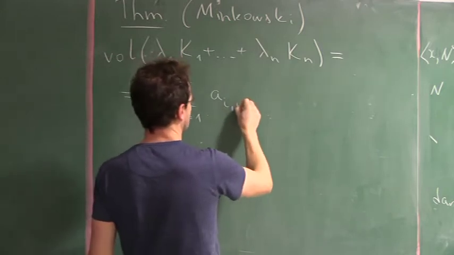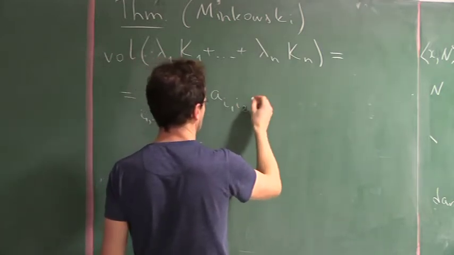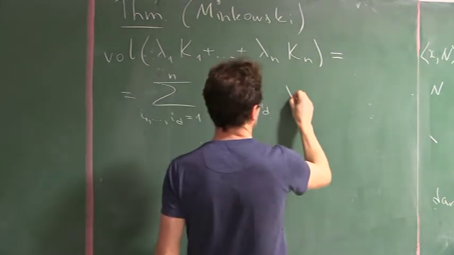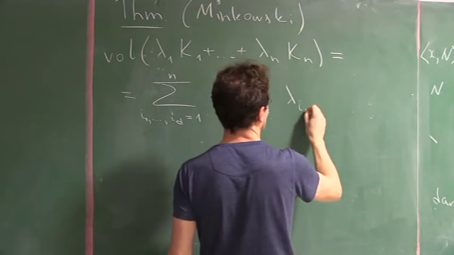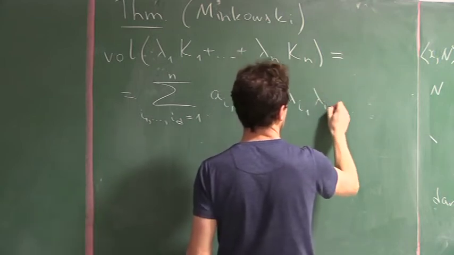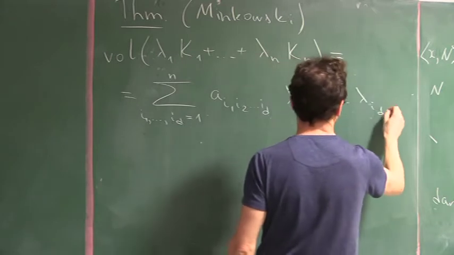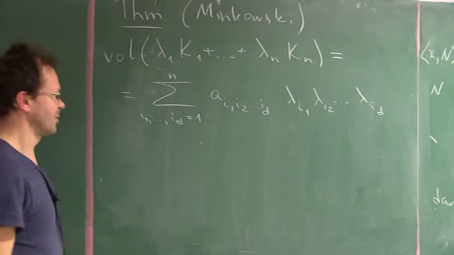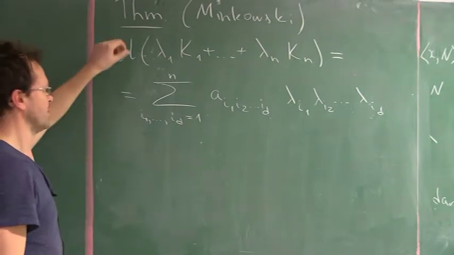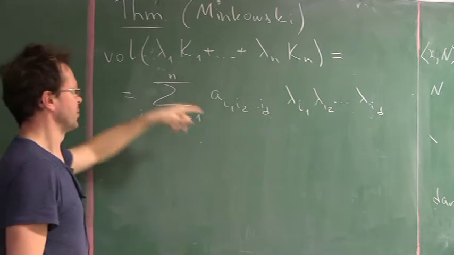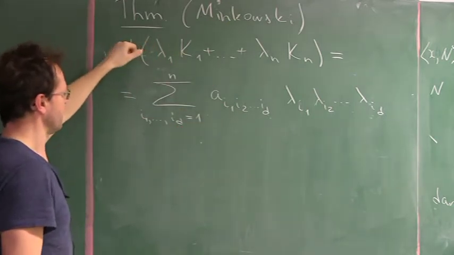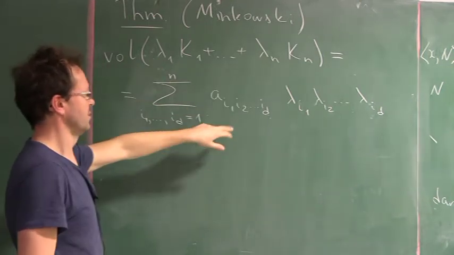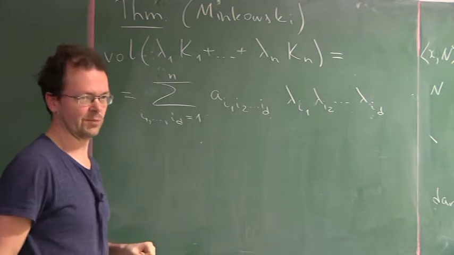And then we put here a coefficient A, I1, I2, so on, ID, and the monomial lambda I1, lambda I2, so on, lambda ID. So that's the theorem. The volume is a polynomial. So there are some coefficients which depend on the bodies K1, so on, Kn. And once these coefficients are determined, then for any lambdas, the volume is equal to that expression.